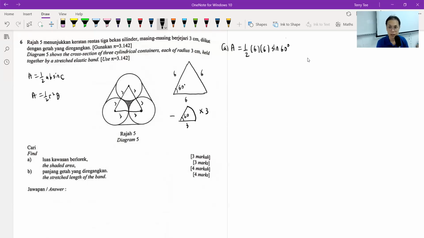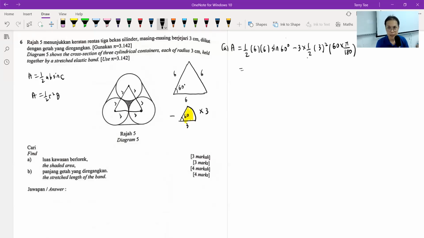And theta must be angle in radian. So I take 3 times of half because I need minus 3 of this sector. Your radius is 3 square. Your theta is 60. Please convert to radian by multiplying with pi over 180.